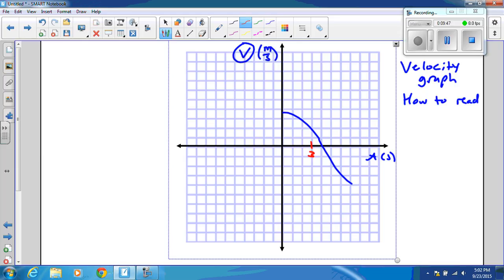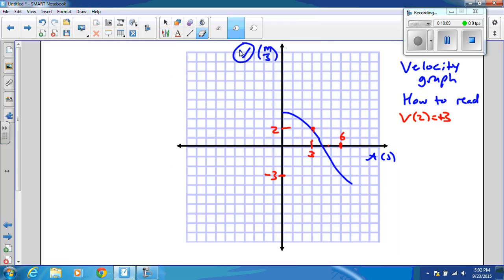I can still use the idea of looking up a value. So for example, here at t equals 3, I can go to the graph, and I can see that the velocity at time 3 is equal to positive 2 meters per second.